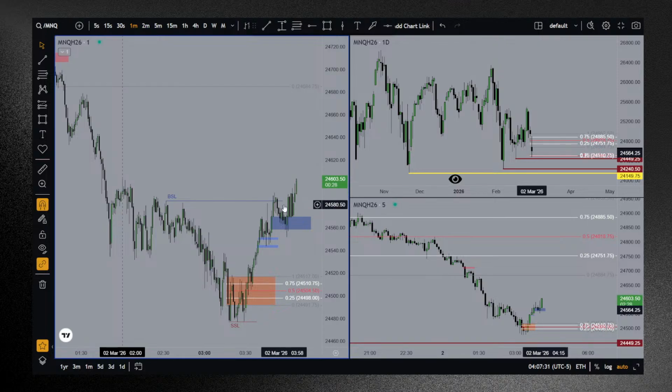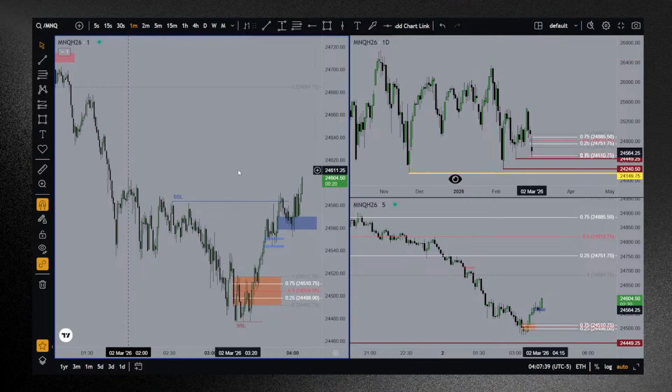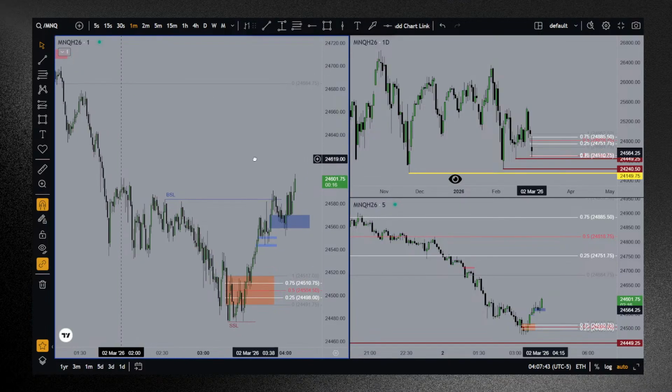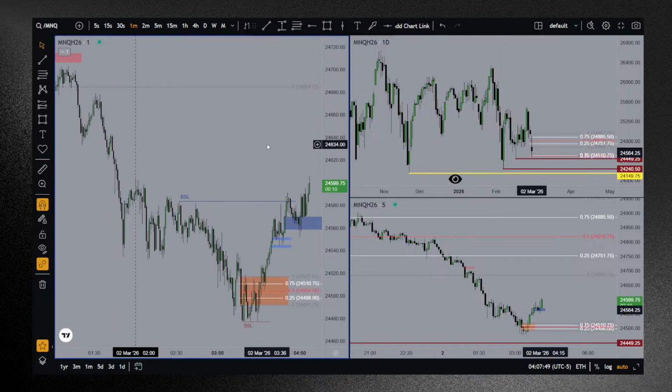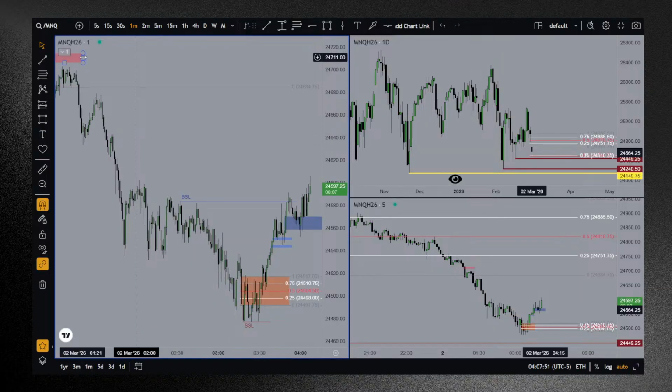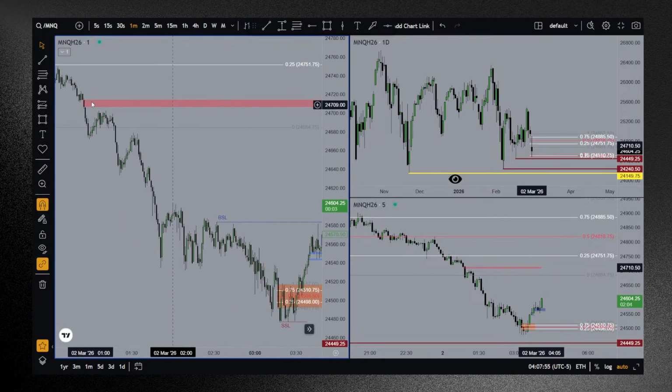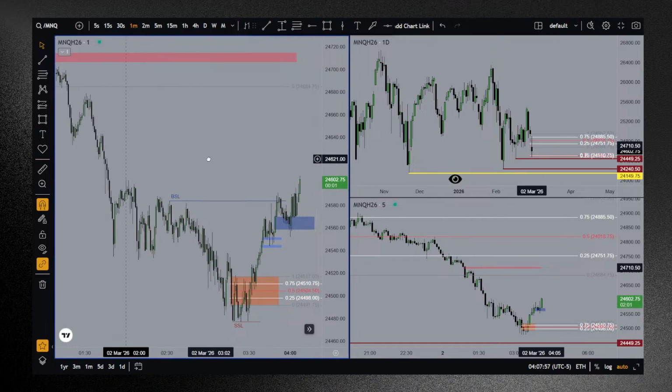With the volatility that we have in the marketplace, with the uncertainty in regards to the war in the Middle East, we could see price return back into this new week opening gap. I could see that as potential, and if that's the case, this fair value gap specifically would be a point of interest on the upside.